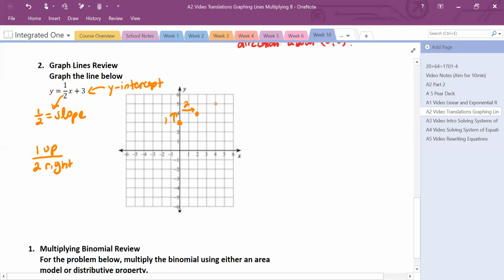Up 1 and over 2. And there's our line. Hopefully that was clear enough for you guys. Again, just make sure that you have your y-intercept labeled and that you're going whatever that slope is telling you.